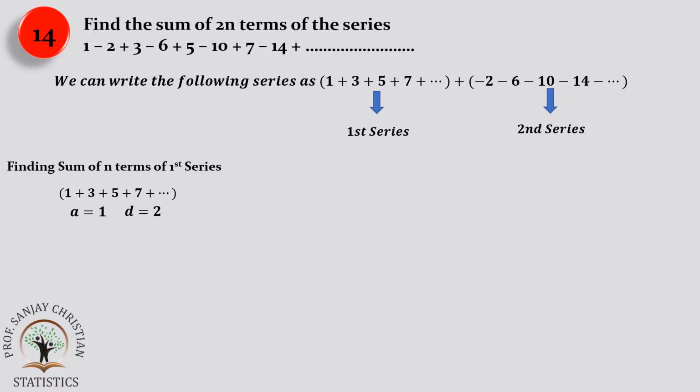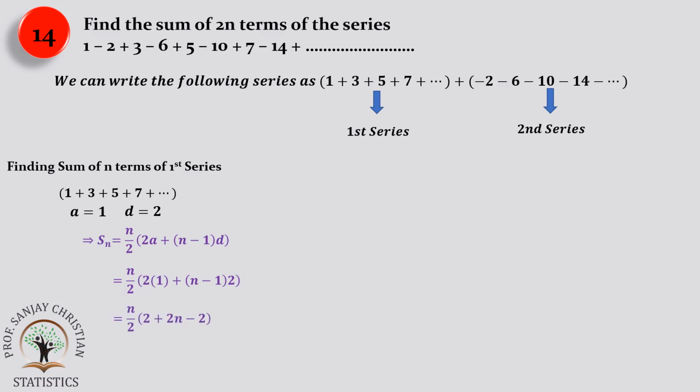As it is said, sum of n terms, we are going to use the formula of Sn, that is n upon 2, 2a plus n minus 1 into d. We know the value of a and we know the value of d. So we are just going to keep the value as n upon 2, 2 into 1 plus n minus 1 into d, and d is 2.